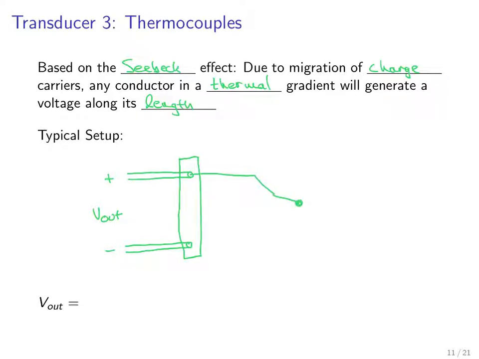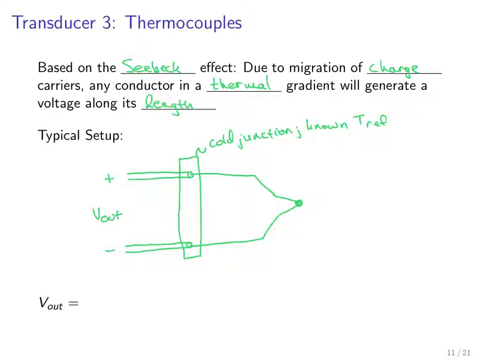Then you'll have the thermocouple here, and I'll label these in just a second. The two wires of the thermocouple here. So here's your cold junction. And this is at some known reference temperature.